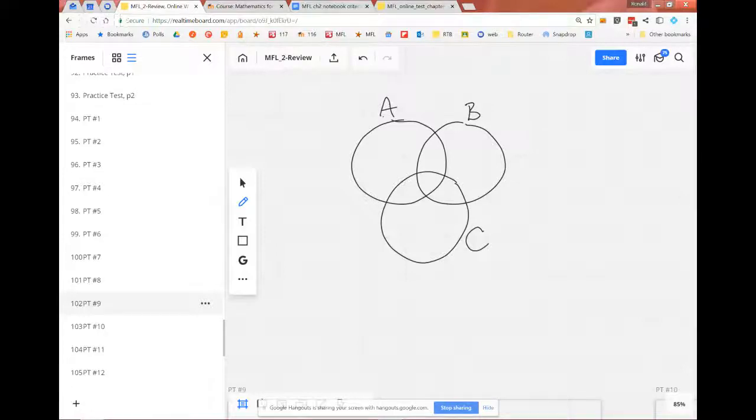So A intersect B is in there, correct? Yes. Now, where does that cross C complement? Well, I've got to draw a universal set on here.